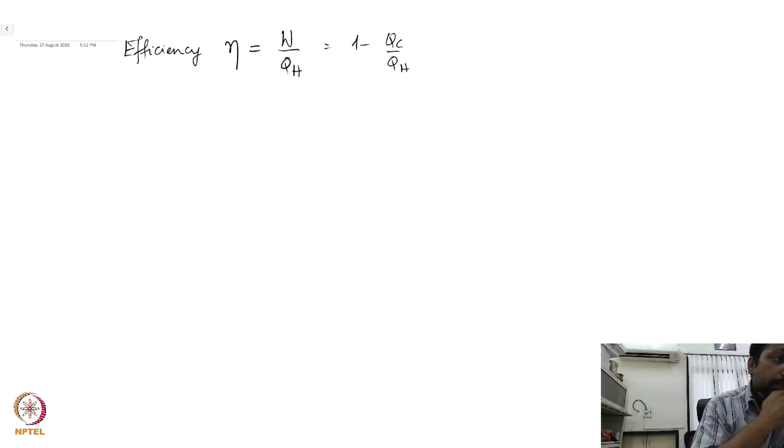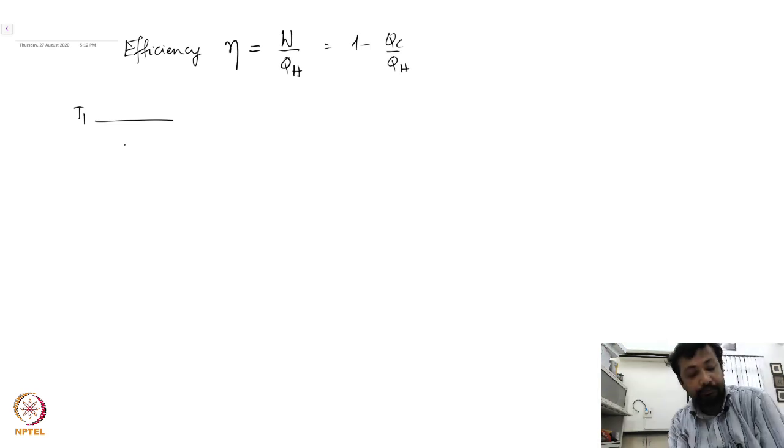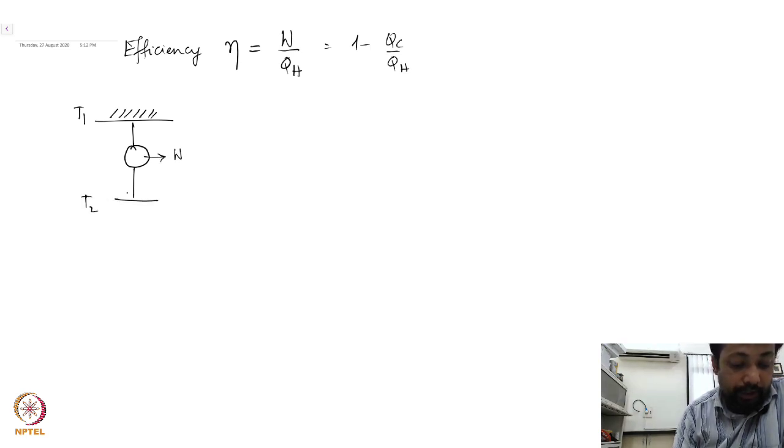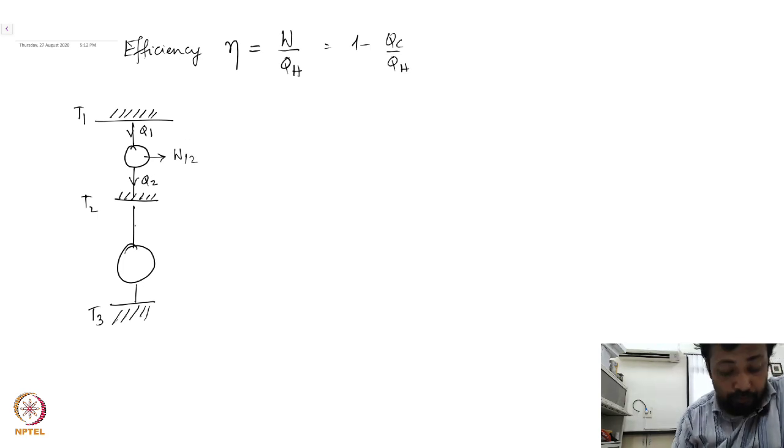Now, for this case, we will consider two Carnot engines, one at T1, the second one at T2, and yet a third one at T3. So it takes an amount of heat Q1, dumps it to Q2, and does an amount of work W12.